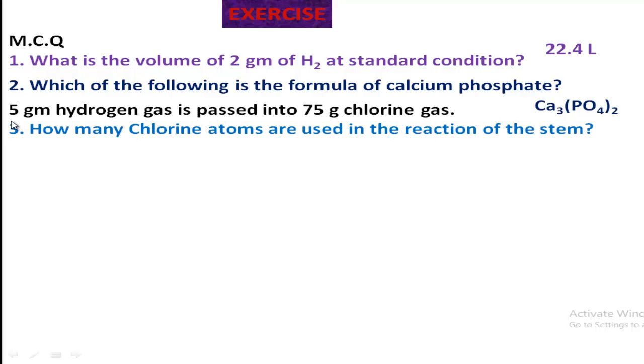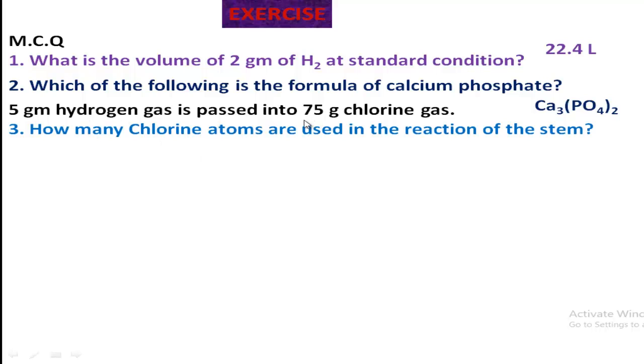Here there is given one stem, and that is 5 gram hydrogen gas is passed into 75 gram chlorine gas. That means here reactants are hydrogen gas and chlorine gas. So they produce what? Hydrogen chloride. Now how many chlorine atoms are used in the reaction? So at first you have to identify whether this chlorine gas is the limiting reactant here or not.